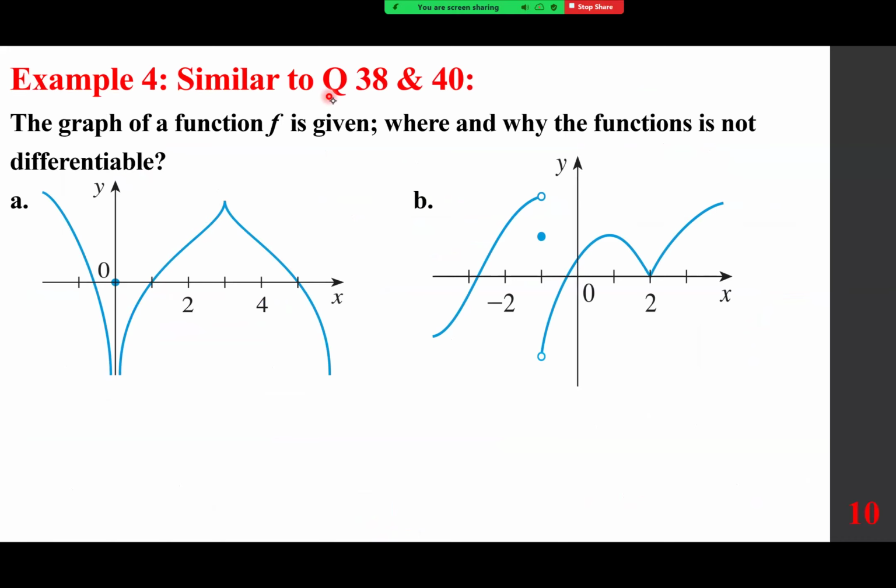Example 4. The graph of function f is given; find where the function is not differentiable. When you look at this graph, clearly at x equals 0 we notice a discontinuity.